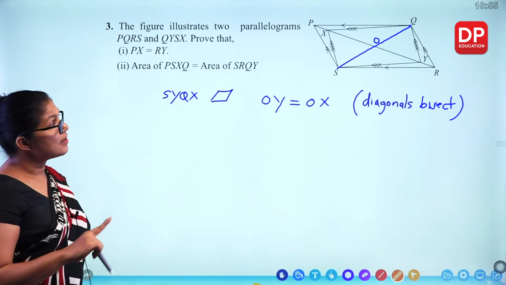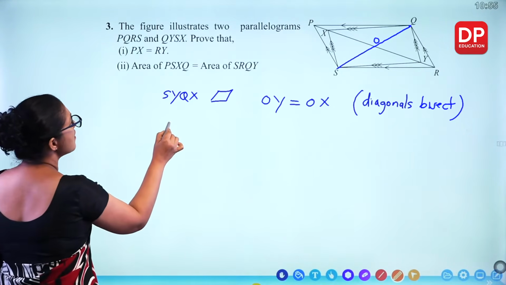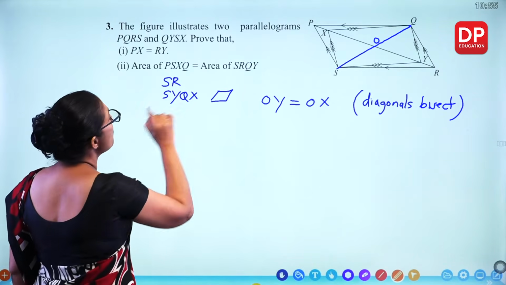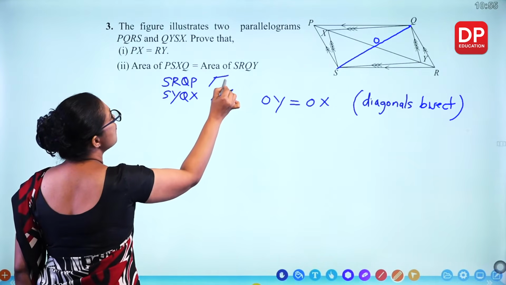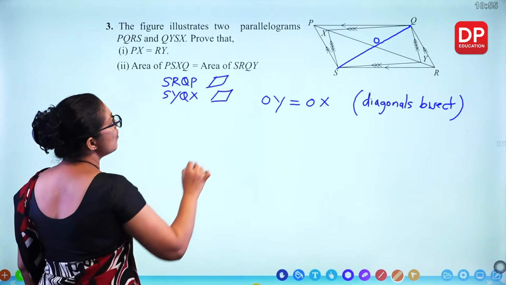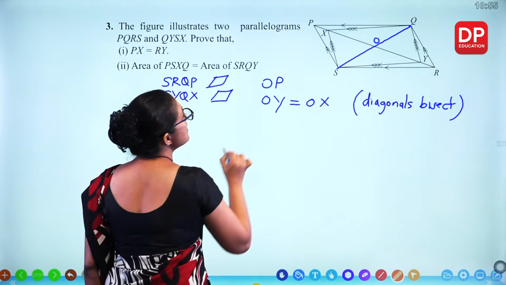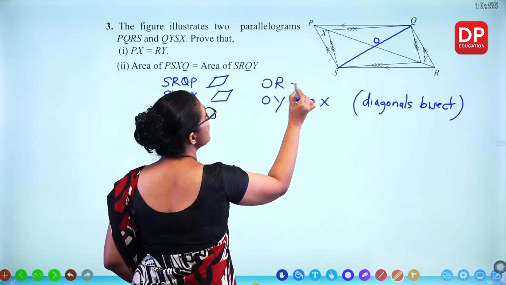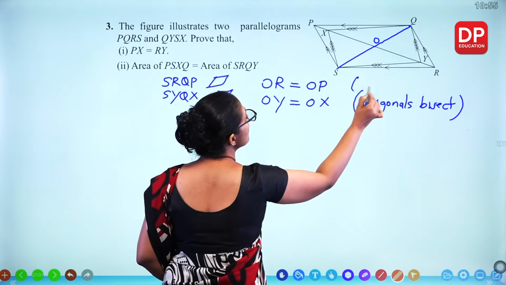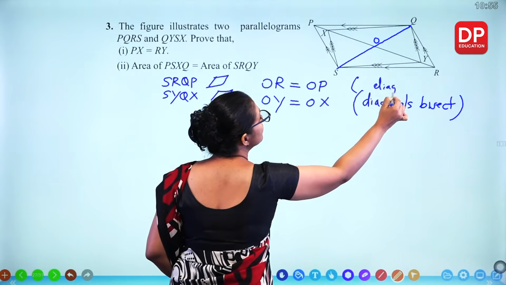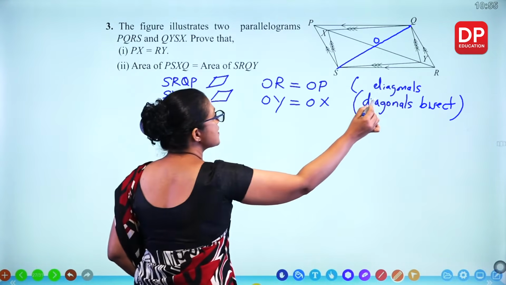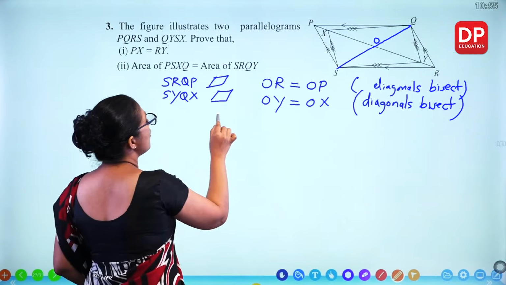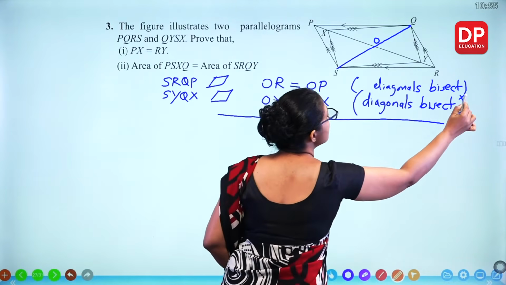When you take the big parallelogram SRQP, what can you say about that one? OP is equal to OR. I'll write OR here, OP here. That's also diagonal. Bisect. Now I want to subtract these two.